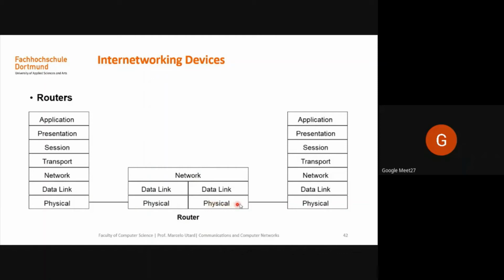In order to bring that solution, the router has to route the messages based on the destination address of the packet, choosing the best route to reach the destination.